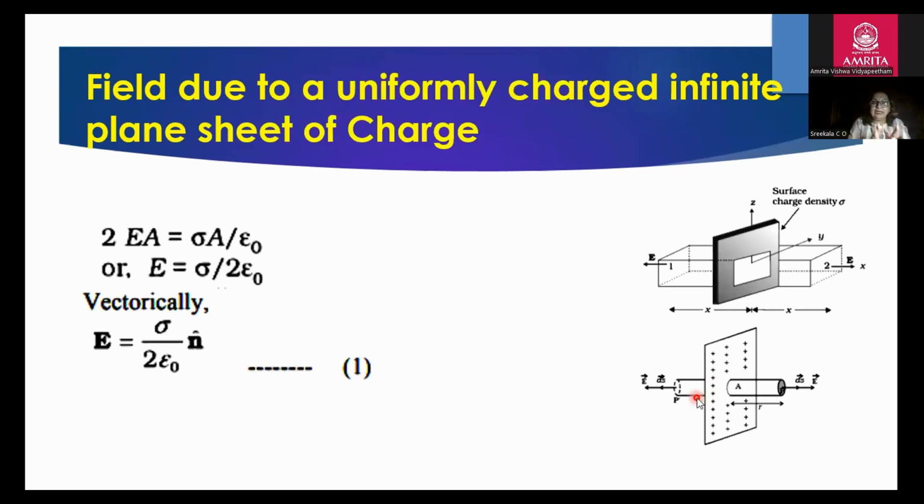For a thick conductor, when you charge it, the charges will stay only on the surface. That's why here it is 2 epsilon 0, 2 times EA, because the thin sheet of charge has two surfaces.